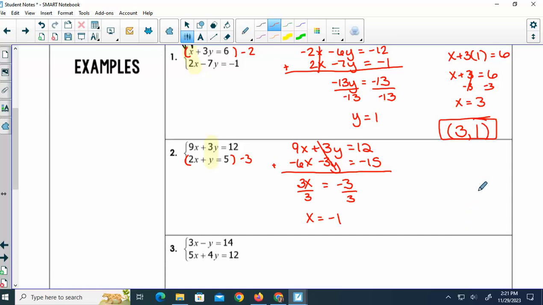So then let's plug it into which one? Here? Bottom one? So 2 times x, which is negative 1, plus y equals 5.